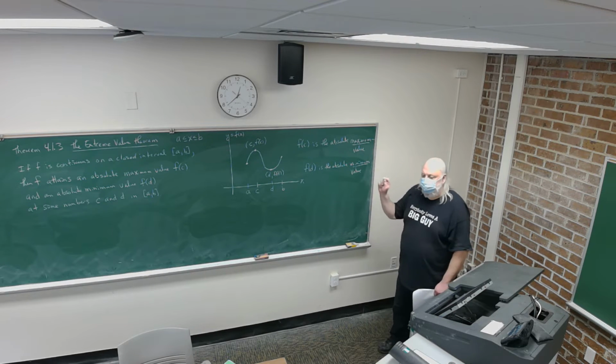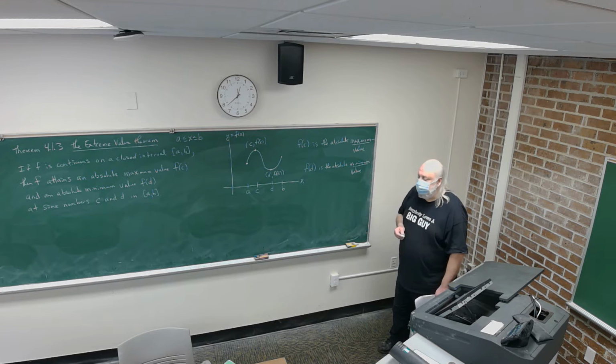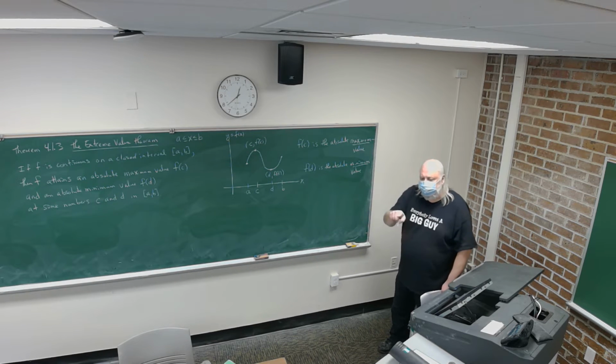So by virtue of the function being continuous from x equals a to x equals b, there has to be an absolute maximum value, and there has to be an absolute minimum value.